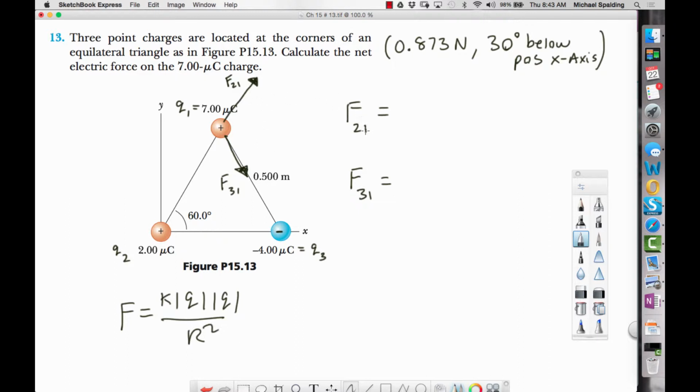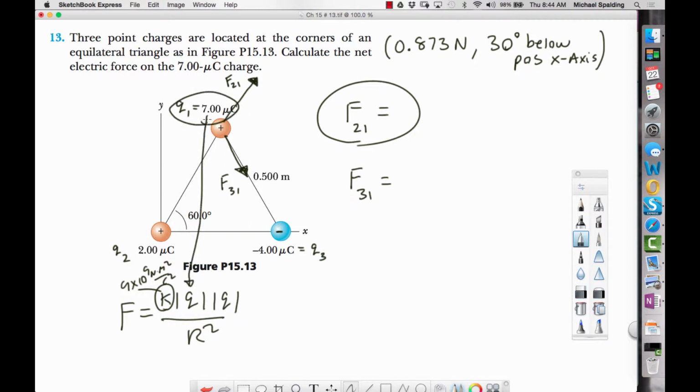For example, if you're solving for F21, you plug in k, which is 9 times 10 to the 9th newton meter squared over coulomb squared. Then you plug in this charge here. But are you going to plug in 7 microcoulombs? No, you got to go 7 times 10 to the negative 6, because the Coulomb constant uses coulombs, not microcoulombs. And then the other charge is 2 times 10 to the negative 6, and the distance from center to center is 0.5 meters.